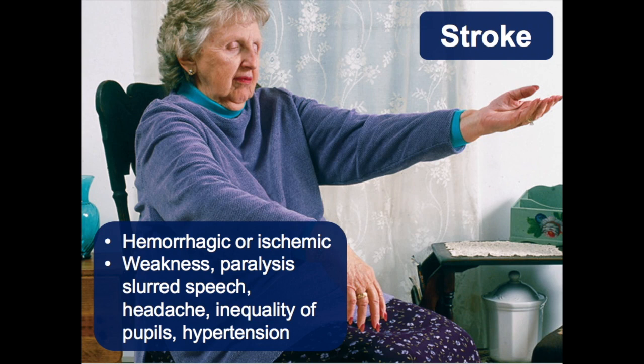And remember, strokes fall into two broad categories: hemorrhagic, meaning the stroke is caused by some type of bleed in the brain, or ischemic, some type of occlusion. Just a review of some of the signs and symptoms you want to keep an eye out for: unequal pupils, abnormal speech patterns, slurred speech, complaints of headaches, especially when the headache is sudden onset, "worst headache of my life," things like that for a head bleed.